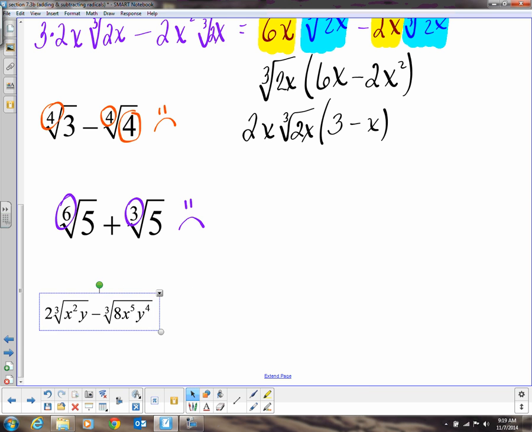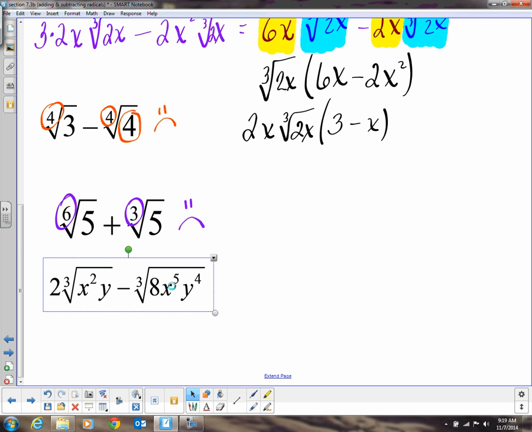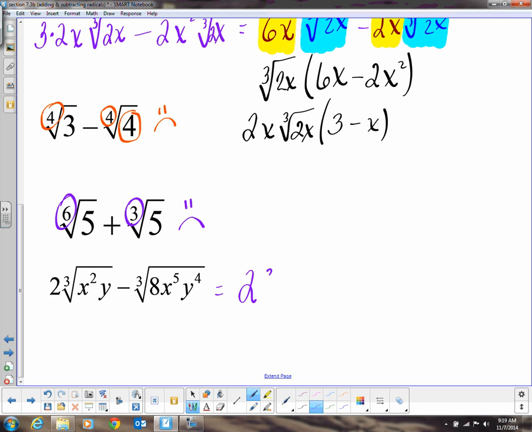Let's see if I did better on this one. Are there 3 groups of x's? No. Are there 3 groups of y? So is there anything I can do with the front part? So that's going to be 2 cube root of x squared y minus, what's the cube root of 8? How many groups of 3 are in x to the 5th? 1.